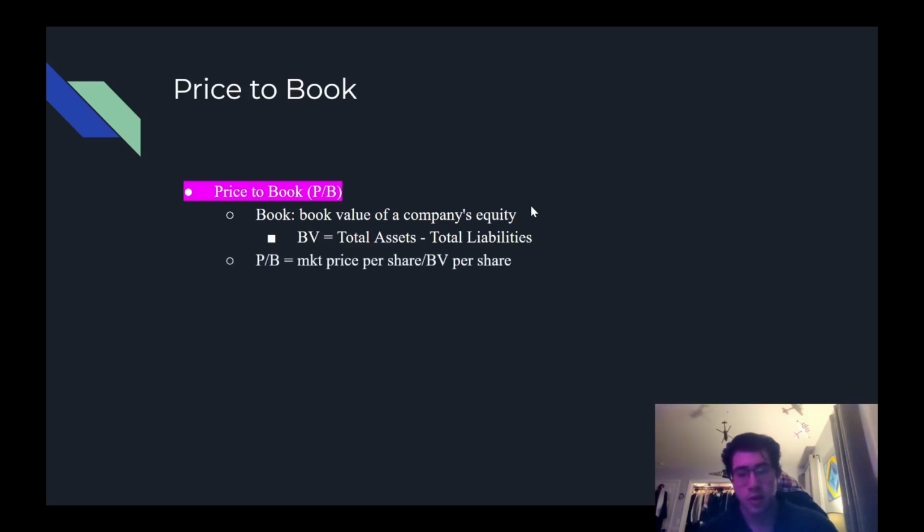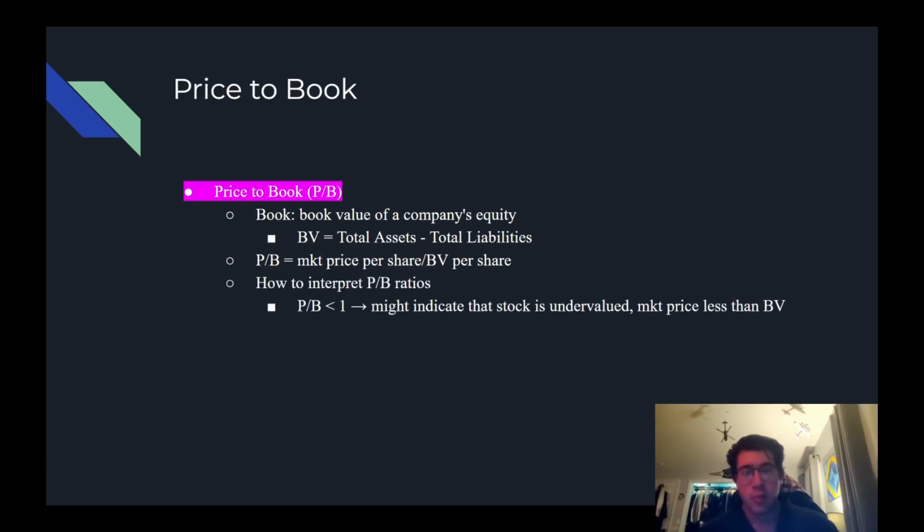Now, the price to book ratio. The book is the value of a company's equity, and the book value you get is very simple: assets minus liabilities. Price to book equals market price per share divided by book value per share. How do you interpret these? A price to book value less than 1 might indicate the stock is undervalued and market price is less than the book value.